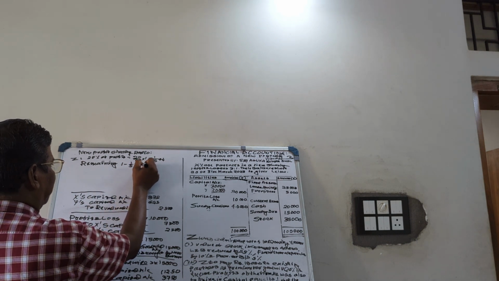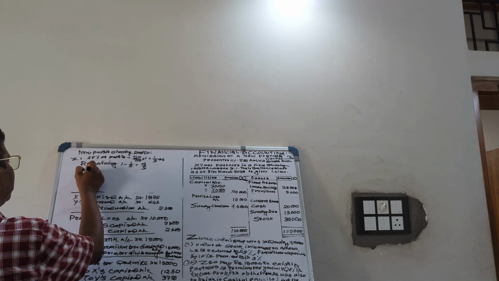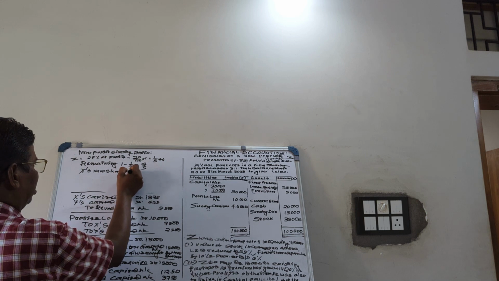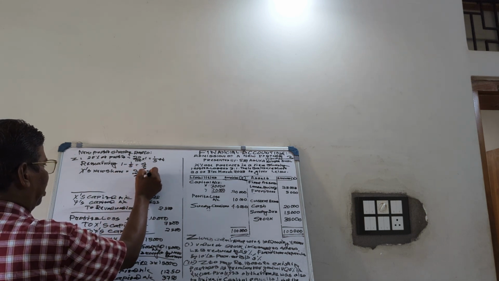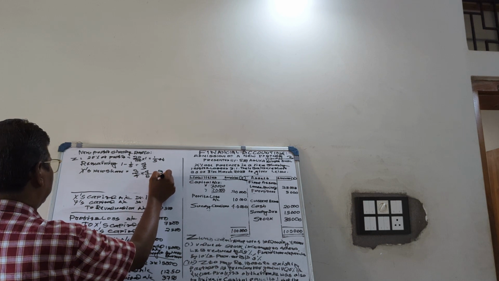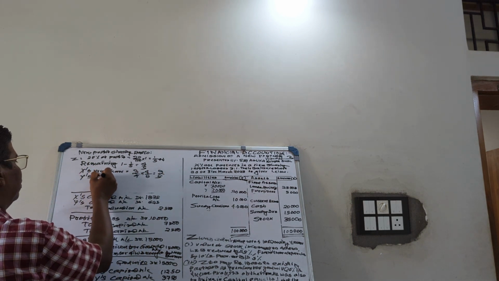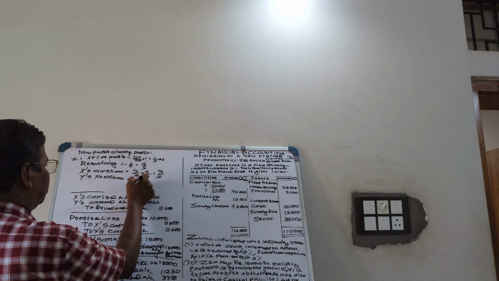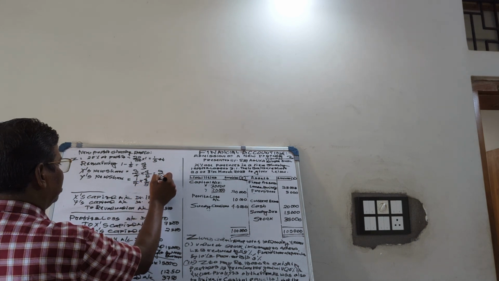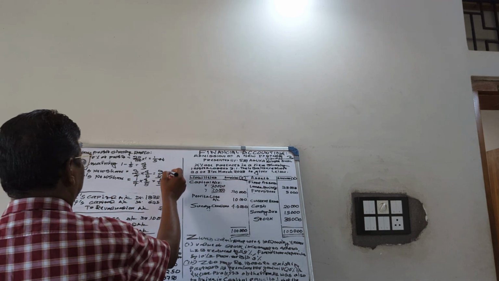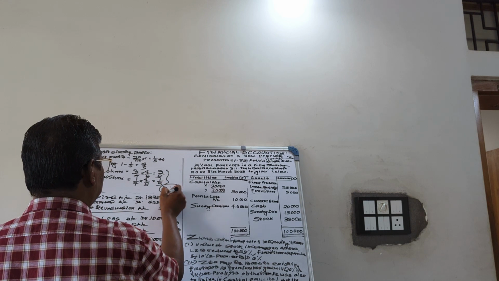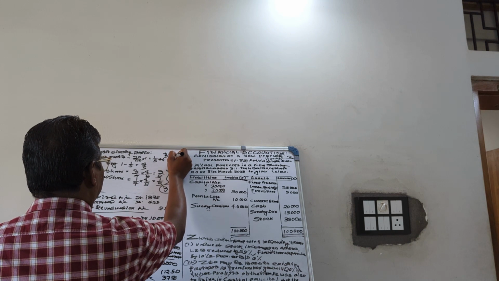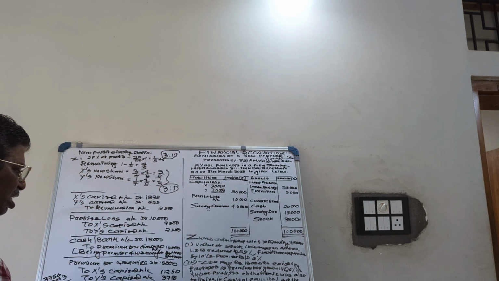Z has taken 1 by 5, so it is 4 by 5. X's new share will be, previously getting 3/4, so 3/4 of 4 by 5, that is 3 by 5. And Y's new share will be 1 by 4 into 4 by 5, that is 1 by 5. So their sacrificing ratio is equivalent to the old ratio, that is 3:1, and the new profit ratio is 3:1:1. This is all about the sharing.